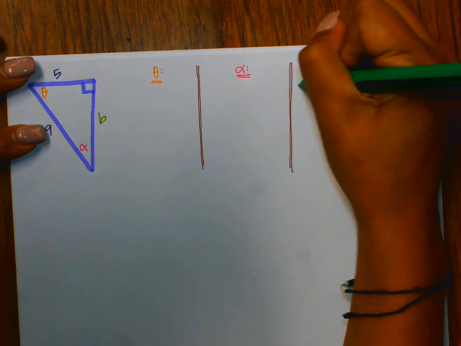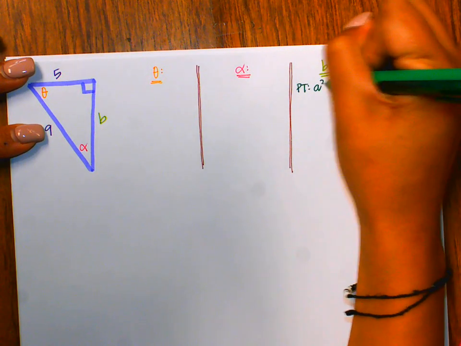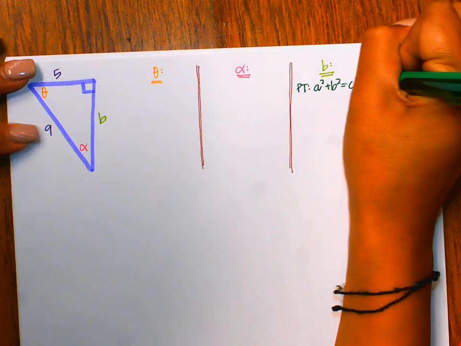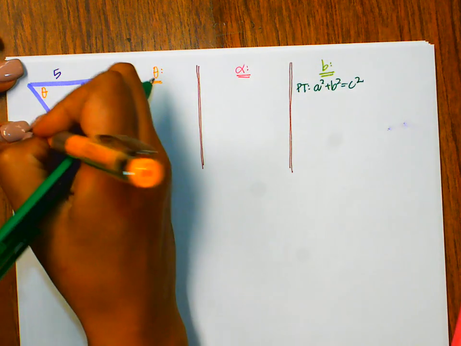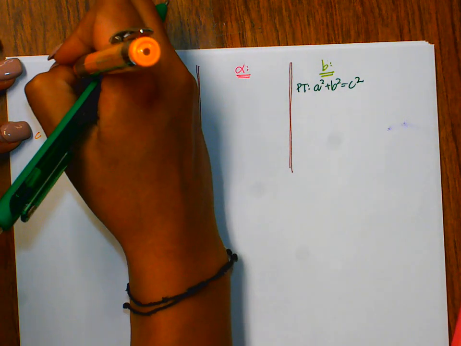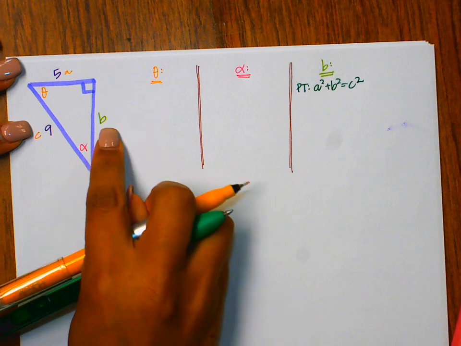I have two sides here. So if I go back to using, when we did these notes together, the first thing I did to find that missing third side of a right triangle was the Pythagorean Theorem. And I'm going to follow the same concept. So my Pythagorean Theorem is a squared plus b squared is equal to c squared. Well, here I have what my c is, which is my hypotenuse, and then I have one of the sides, which I'm going to name a, because this one is b.